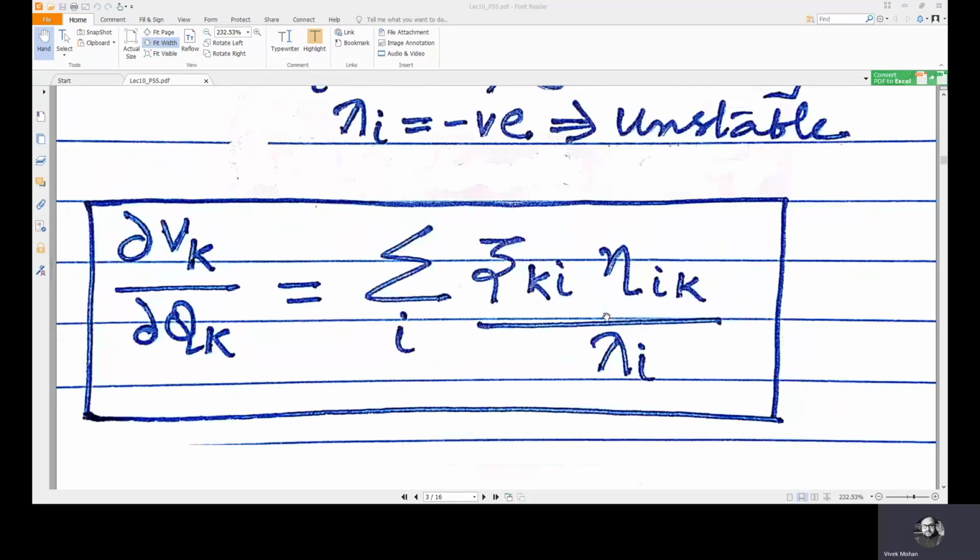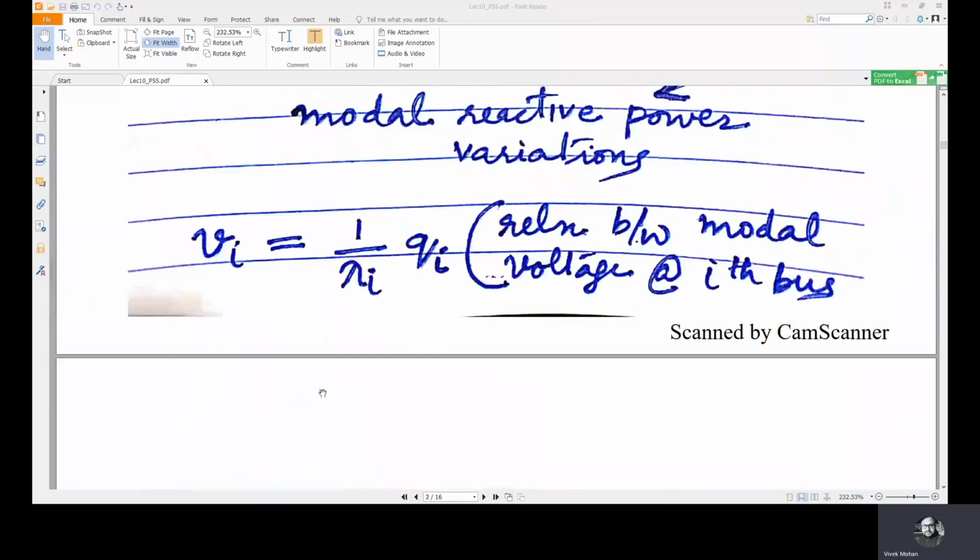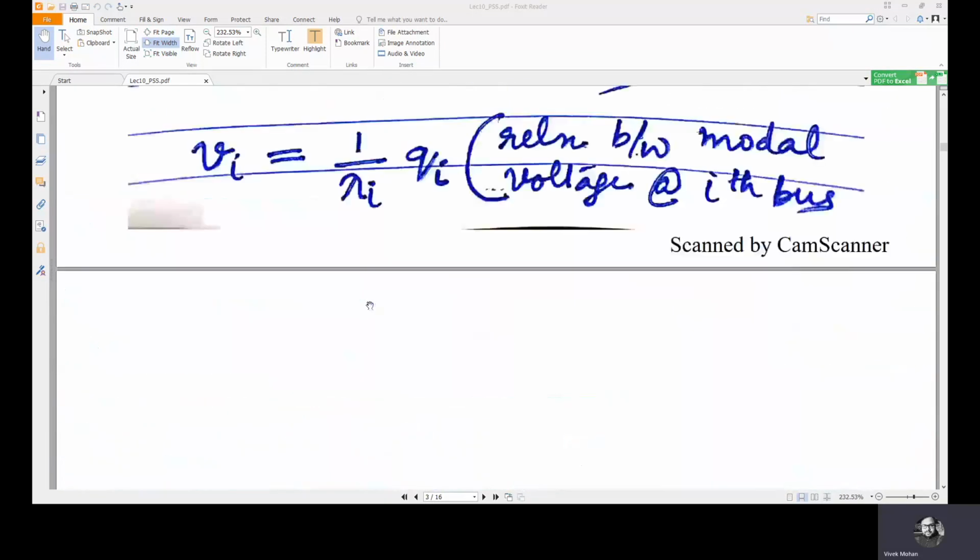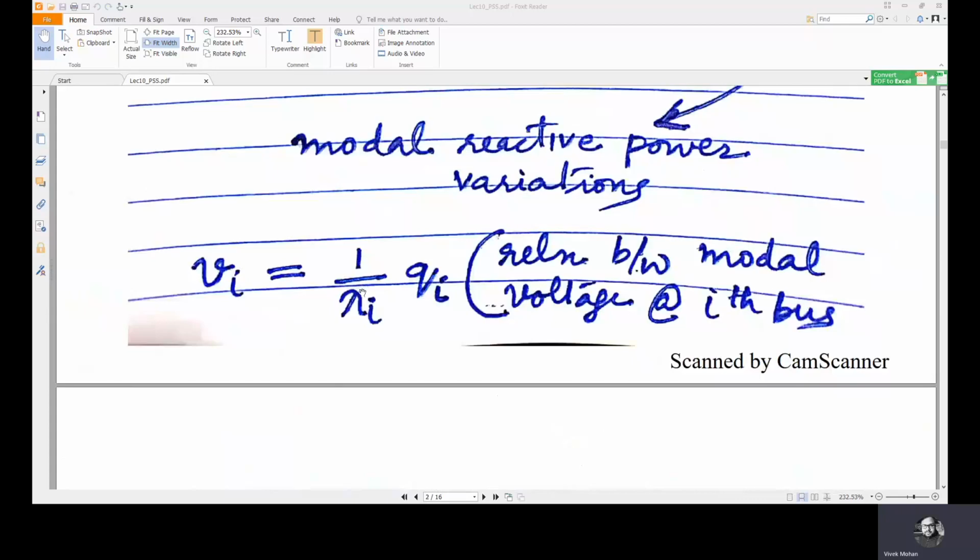And also, what about the magnitude of the eigenvalue? Let's see this equation again, Vi equals 1 by lambda I into Qi. If lambda I is very small, this means that for small variations in Qi, we have big variations in Vi. But if the magnitude of lambda I is large, then for small variations in Qi, we have small variations in Vi.